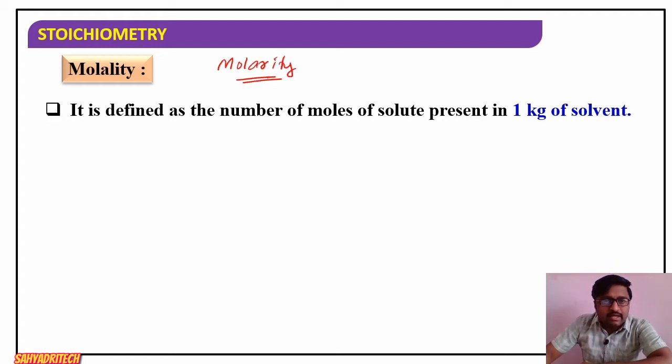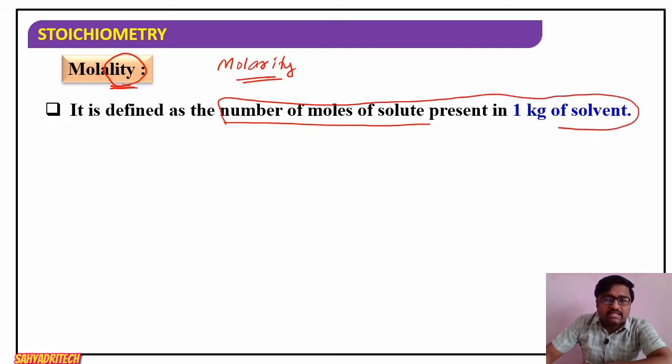As with molarity, now we are looking at molality. What is molality? Molality is the number of moles of solute present in 1 kg of solvent. So what is the thing we are highlighting? 1 kg of a solvent. So what is the difference between molarity and molality?